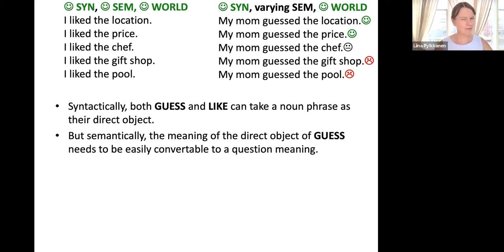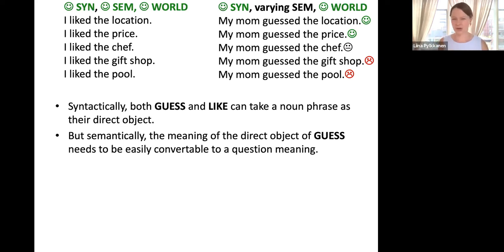And now with that formula, the next sentence becomes harder to make sense of. My mom guessed what the chef of the vacation was. In order for us to find that sentence okay, we want to imagine a situation where there's some set of chefs that we both are aware of, and of those chefs, my mom figured out the right mapping from one individual chef to the vacation.